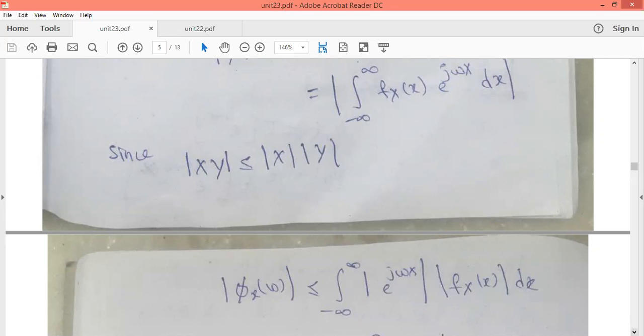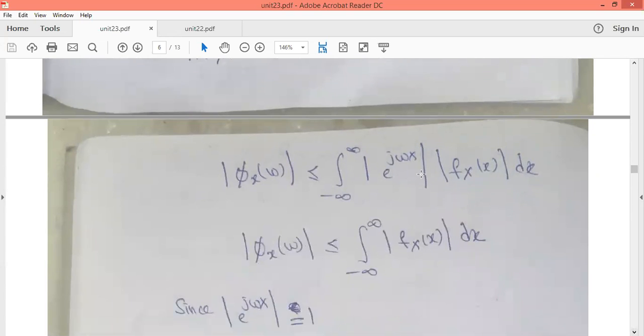We know that the modulus of e power j omega x will always be 1. This is because e power j omega x can be written as cos omega x plus j sin omega x. Now what is the modulus of this?